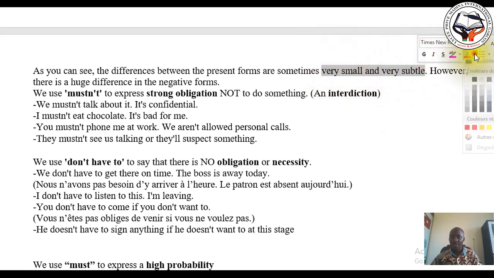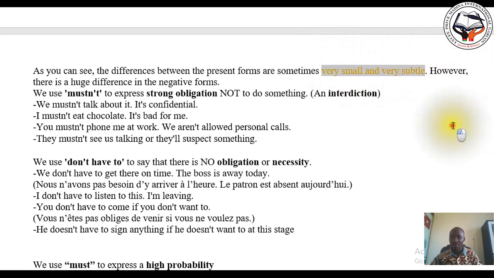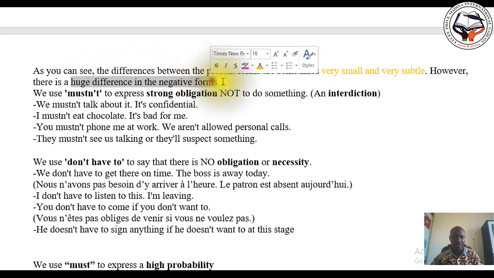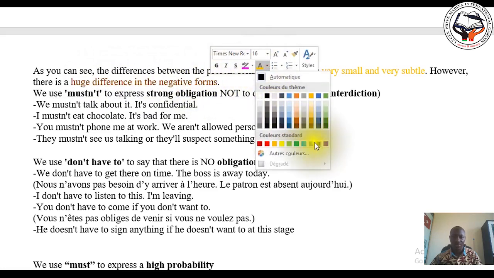However, there is a huge difference in the negative forms. Here is this difference in the negative form.